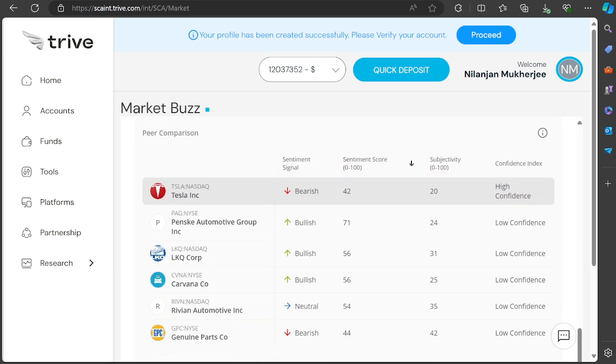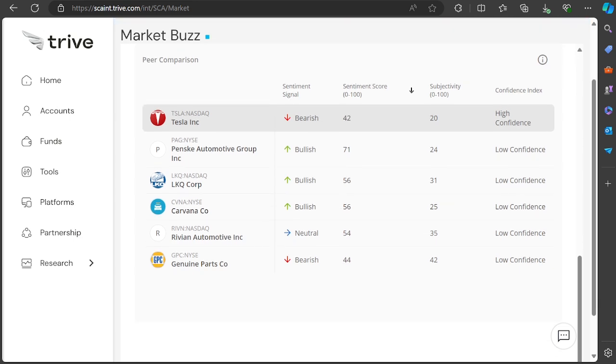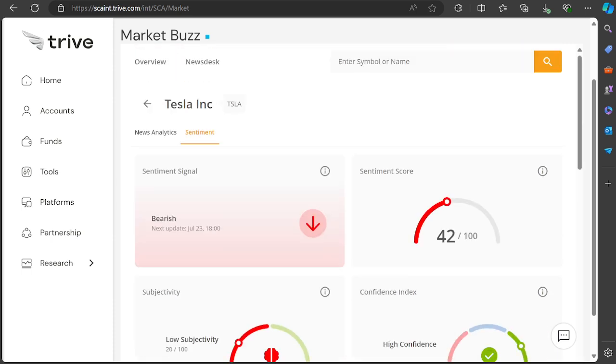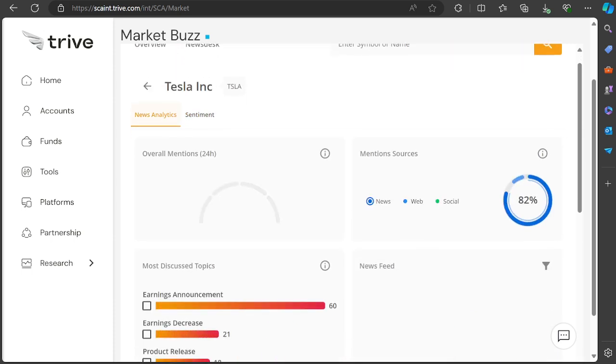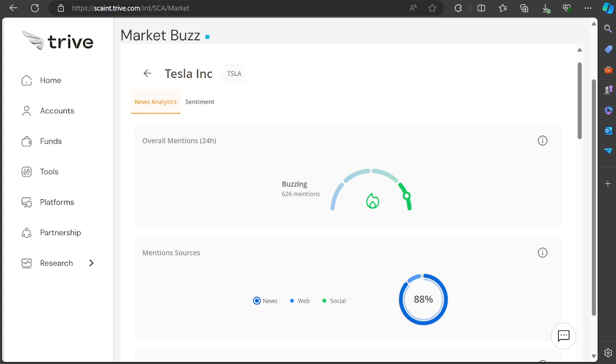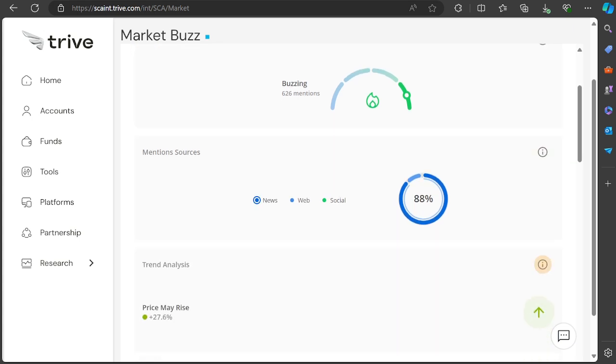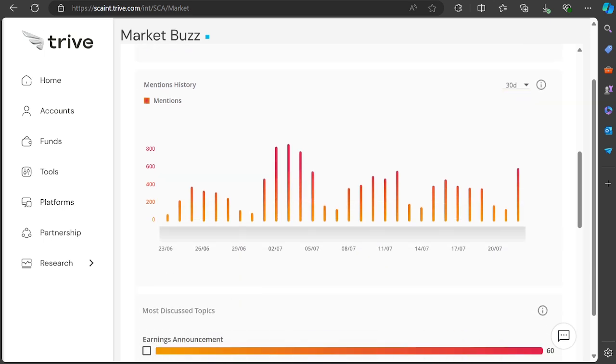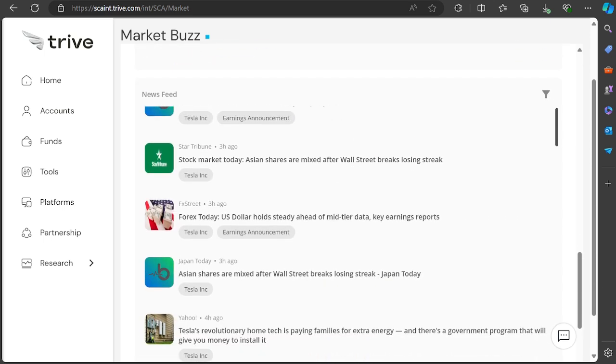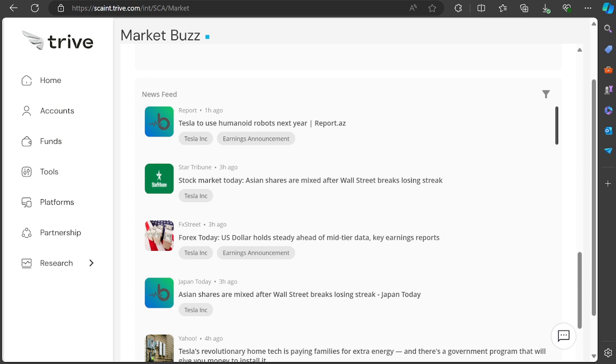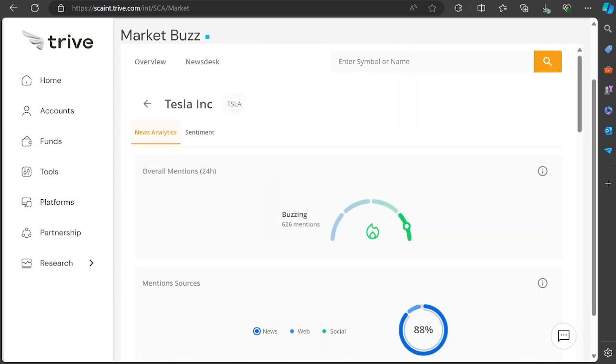Apart from this, a very good feature is peer comparison, like what the other peers of Tesla are and how they are going to impact it. And if we click on news analytics, you can see news, trends, most discussed topics, and direct sources for the news. If you click on any news, you'll be redirected to that page.